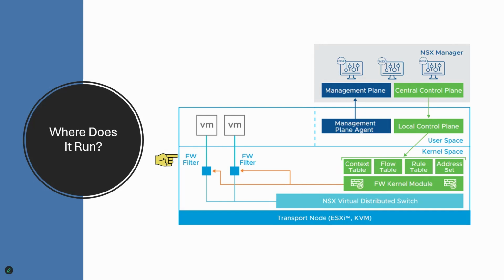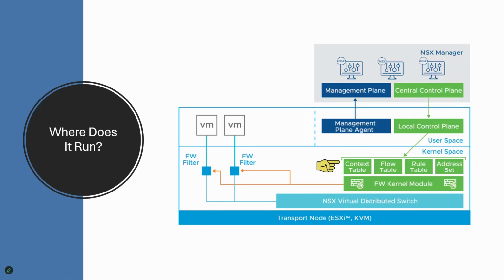So what exists inside this kernel? Inside that kernel space, the firewall module maintains a context table, flow table, rule table, and then address set. These are the internal data structures.